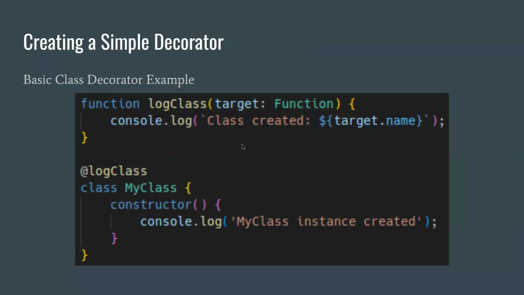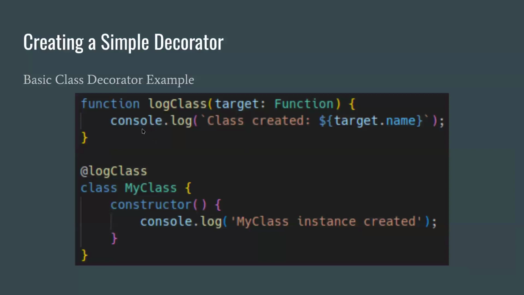Creating a simple decorator. We looked at some examples before. Let's look at another example. A decorator in TypeScript is just a function that takes the constructor of the class as its only parameter.